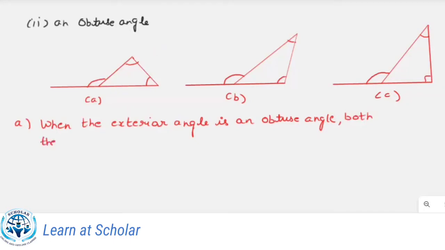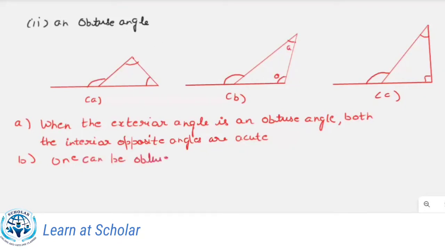Both the interior opposite angles can be acute. It is the first possibility. Now the second one. One angle can be obtuse and another can be acute. Third possibility, one angle can be the right angle and another is again acute.